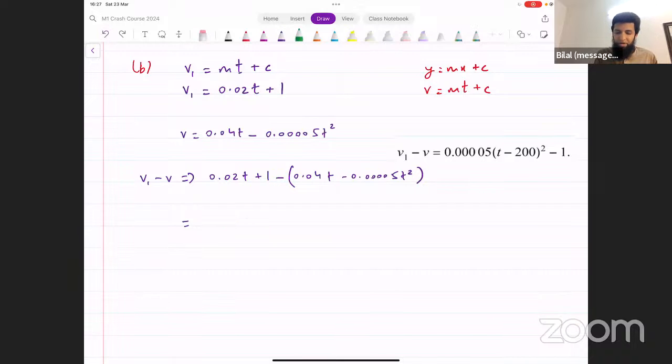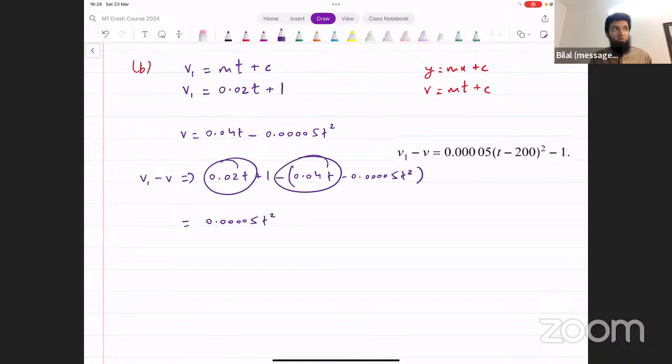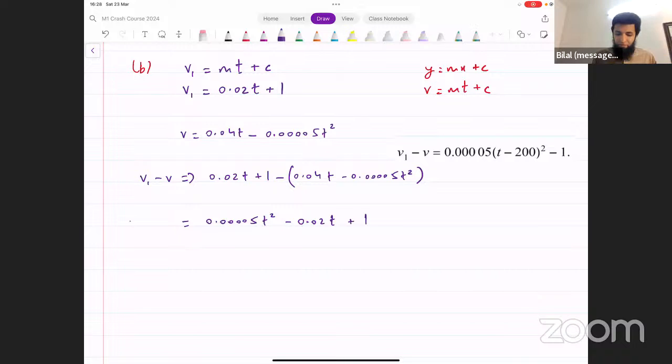Minus into minus, I'm writing the quadratic term first. So that's 0.00005t squared. And then the linear terms, 0.02t minus 0.04t, that's minus 0.02t, plus 1. This is v1 minus v.